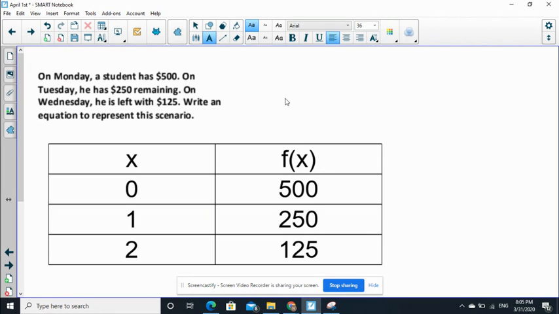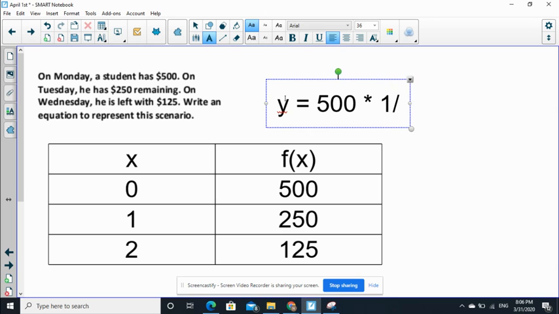Write an equation to represent this scenario. So y equals the initial value, 500, multiplied by the factor. The factor here is 1/2, to the x power. Remember, if you have a fraction, put it between parentheses, and then put the power x.